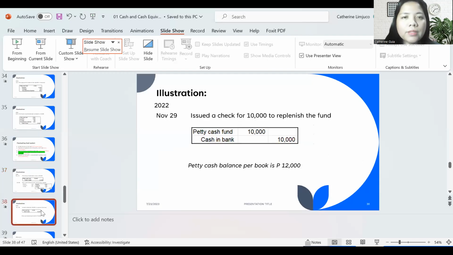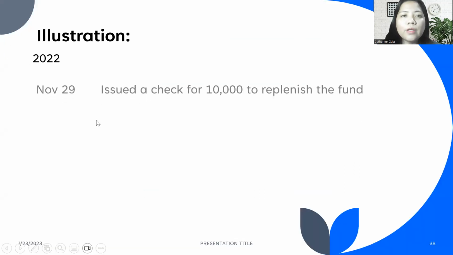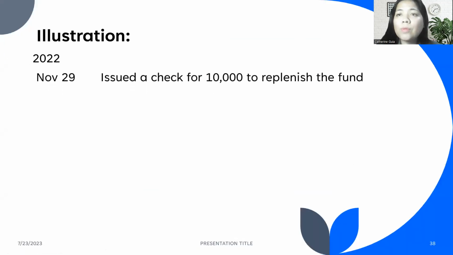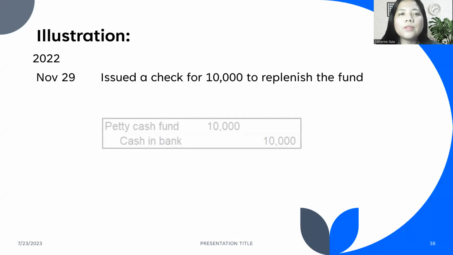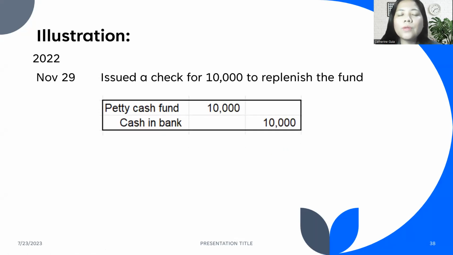Next transaction. Okay, let me share with you. The next transaction is the issuance of a check for 10,000 to replenish the fund. So at this point, you will be debiting petty cash fund 10,000 and you will credit cash in bank 10,000. So this is opposite to our imprest fund system.